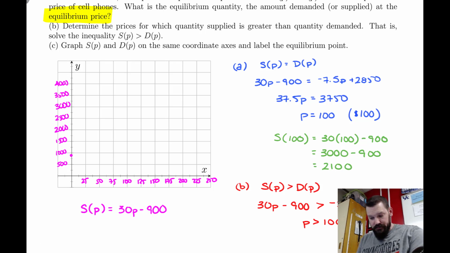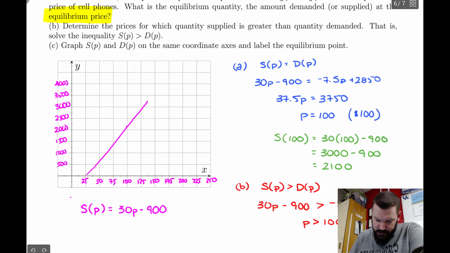And I have a slope of 30. So actually my y value is at negative 900. So that's going to be way down here. And then my slope is 30. So at $100, we know that it will be 2,100. So my graph will look something like this. We know this is the equilibrium point too, by the way.